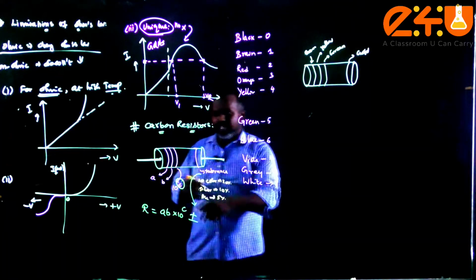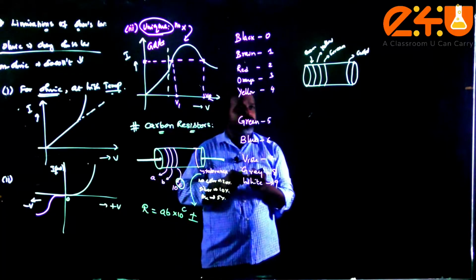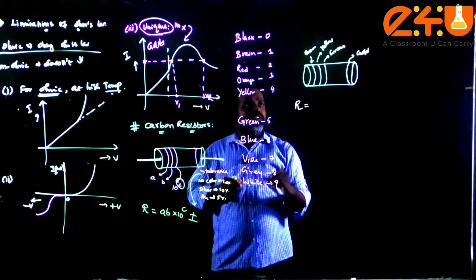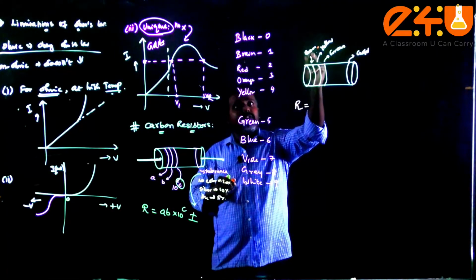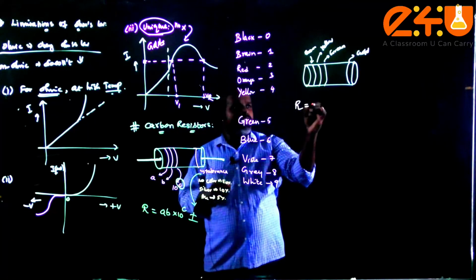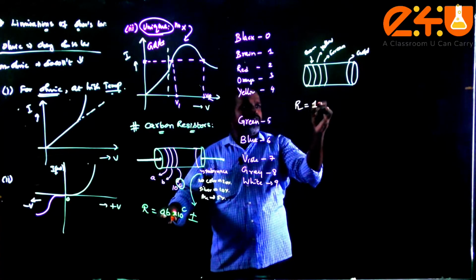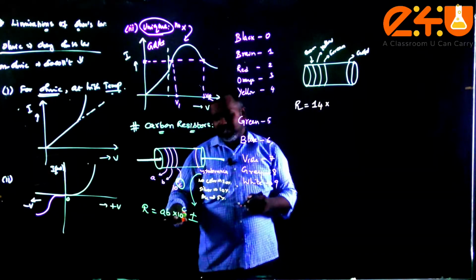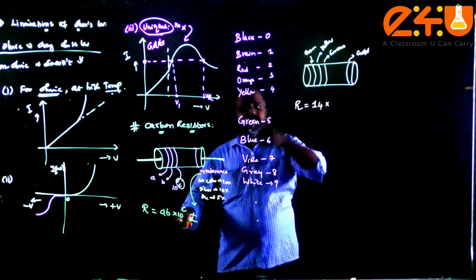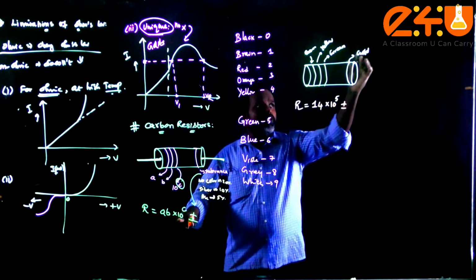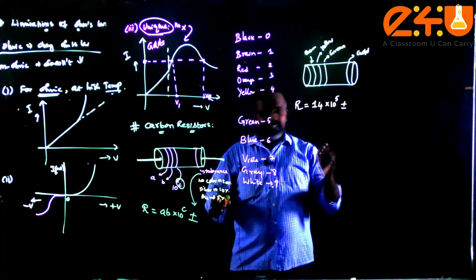As we discussed, we can write the value of the carbon resistor as R equal to brown, whose value is 1, that is A, and B is yellow, whose value is 4, into 10 to the power of C, that is green, whose value is 5. Therefore, 10 to the power of 5, plus or minus gold ring, which means 5% of that value.